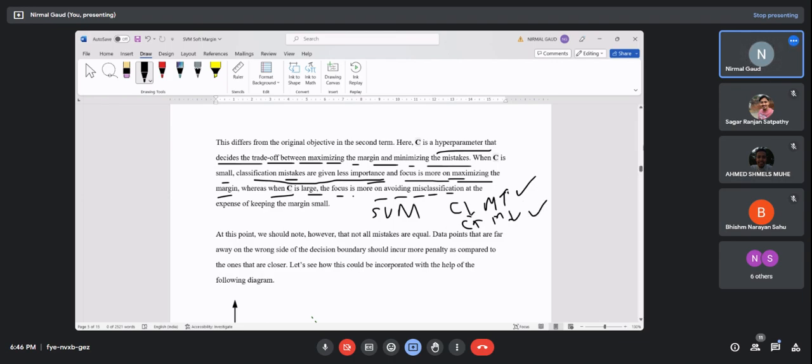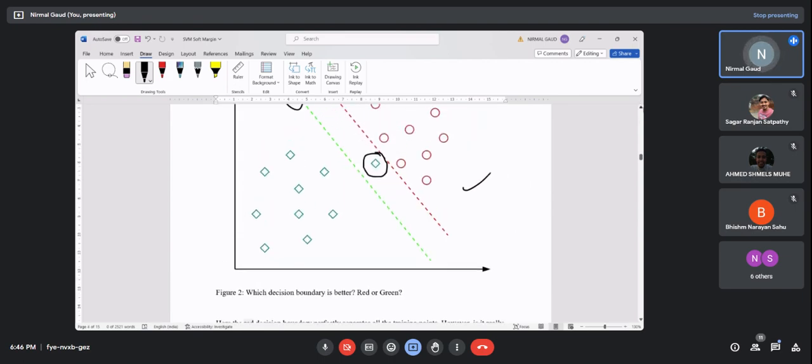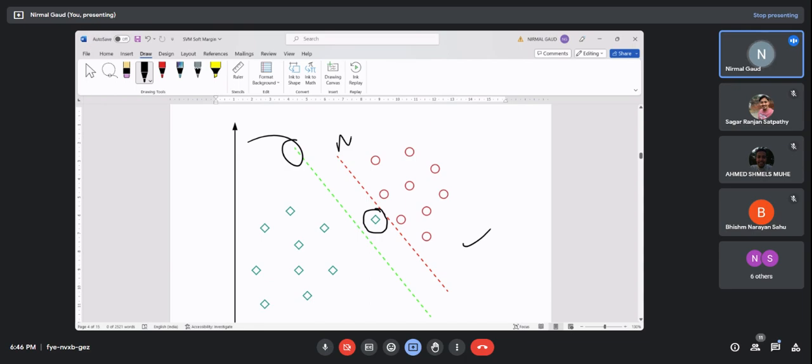Same case, you can see in the red line. In the red line, my margin M1 is closer to the data points. Here I am not making any mistakes. So the margin is small, but mistakes you are taking care of. Here in case of green, this is the second margin.